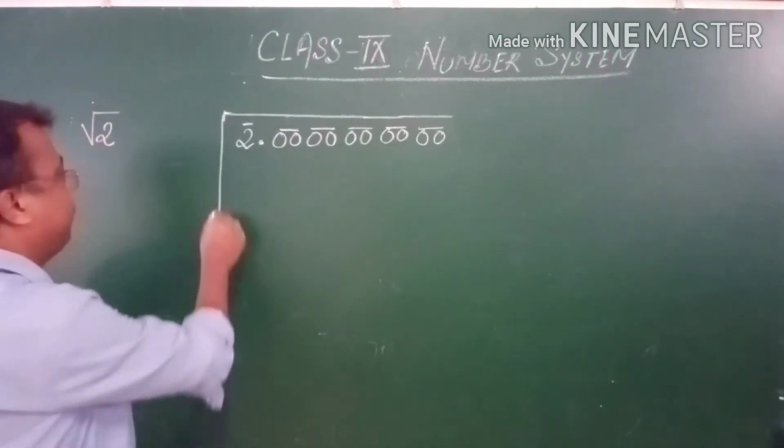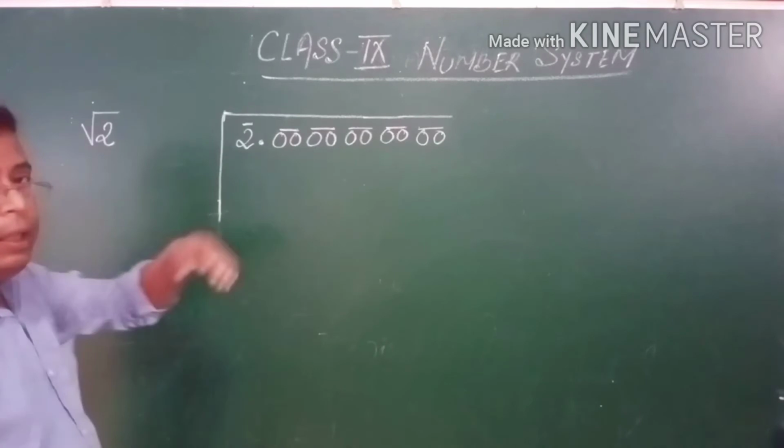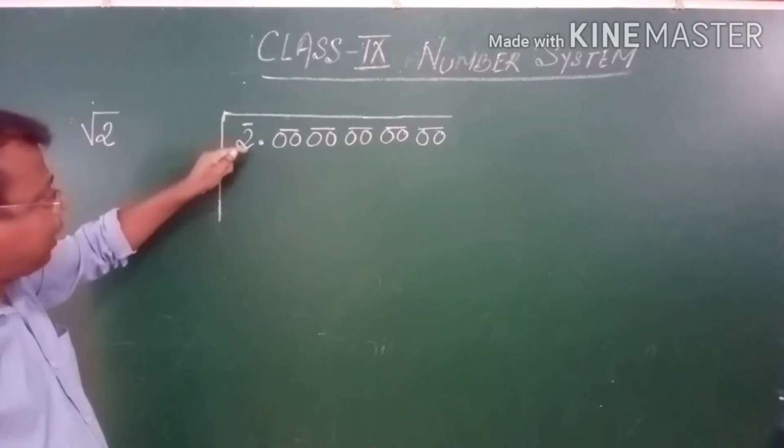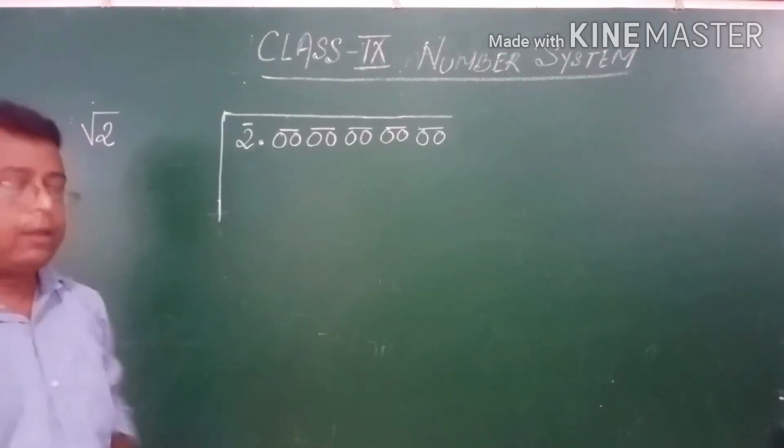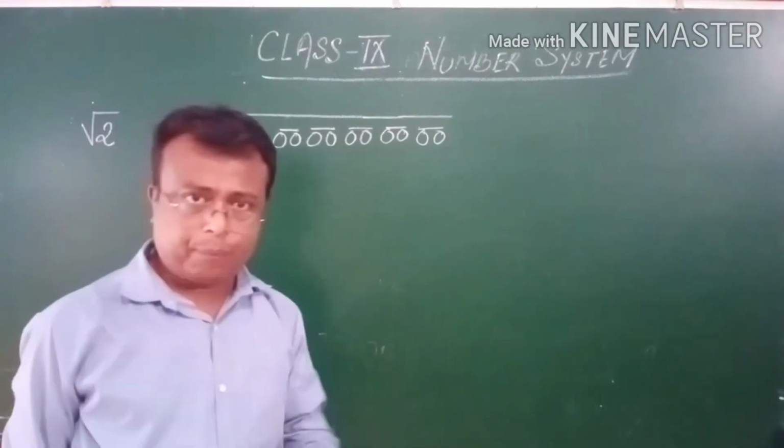Now this bar is over 2, which means I have to take 2.